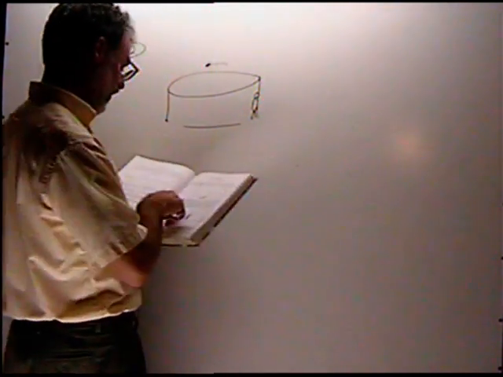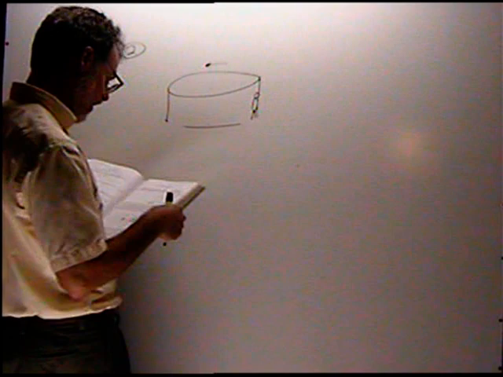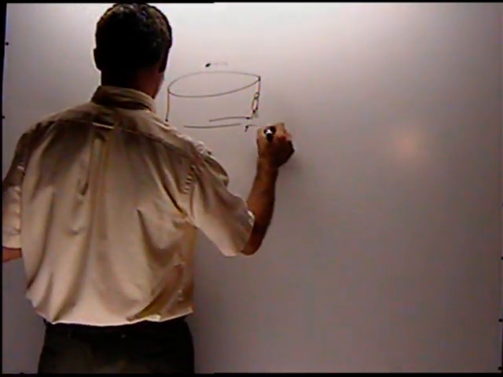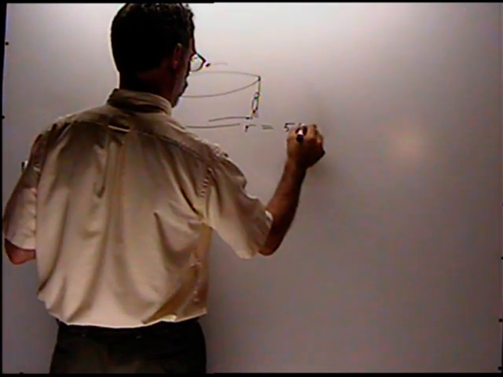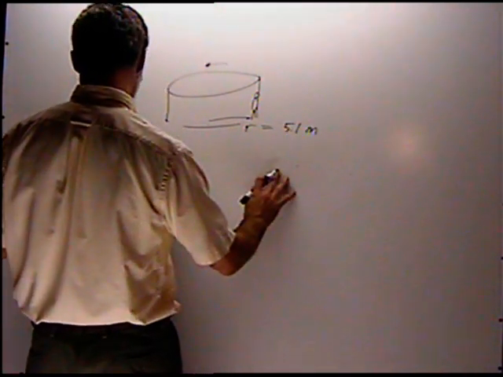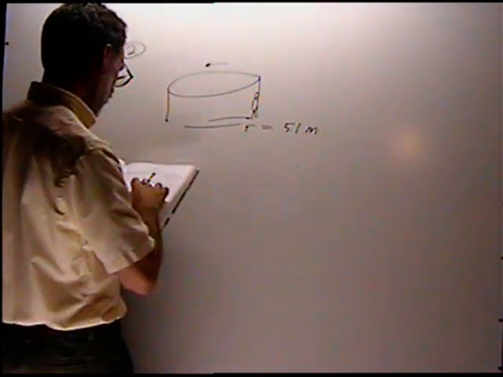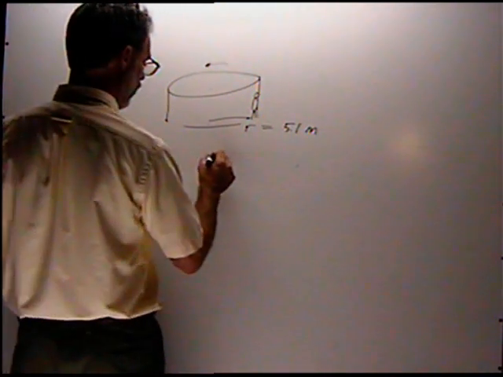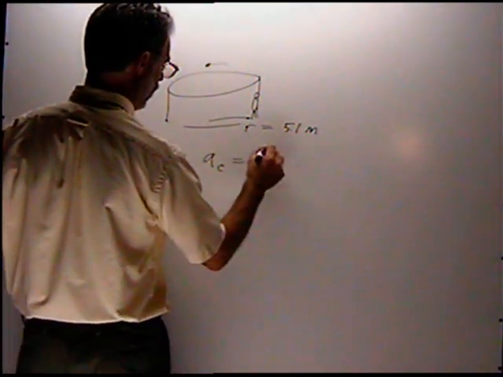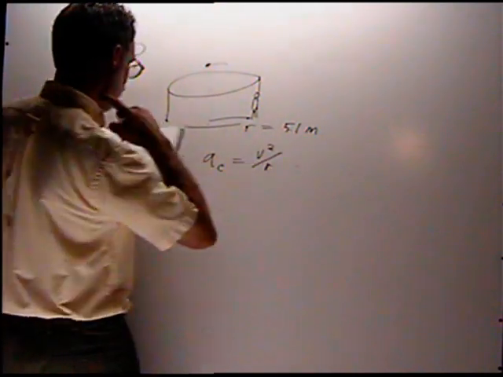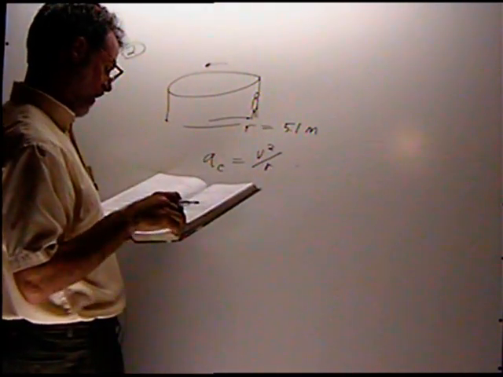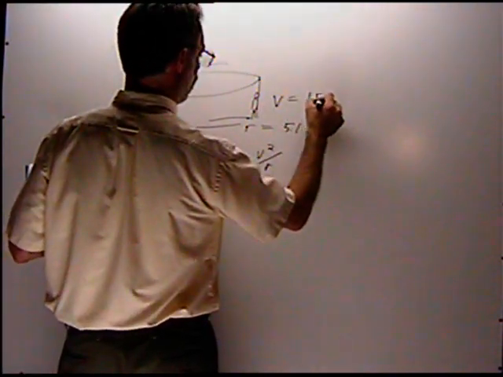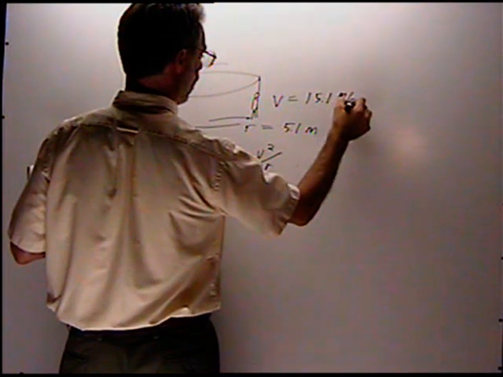But, okay, so let's see. The question is, you have a radius of 5.1 meters. And the question is, how much centripetal acceleration do the riders experience? Okay, well, centripetal acceleration is v squared over r. And, oh, that's right, the velocity they give you is 15.1 meters per second.